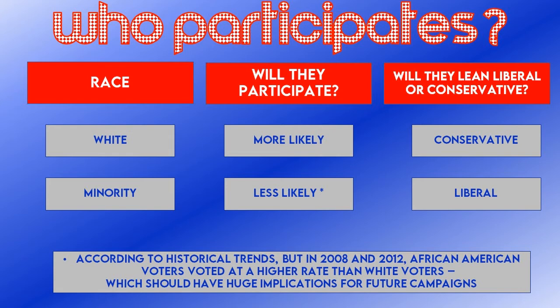That is really important because it will have huge implications for future campaigns. The campaigns that followed those two elections, in 2016 and 2020, had way more specific goals to reach out to African American voters than the campaigns before that had. So that's very important and a changing pattern that we're seeing. But historically, we would stick with the fact that white people are more likely to show up and vote.